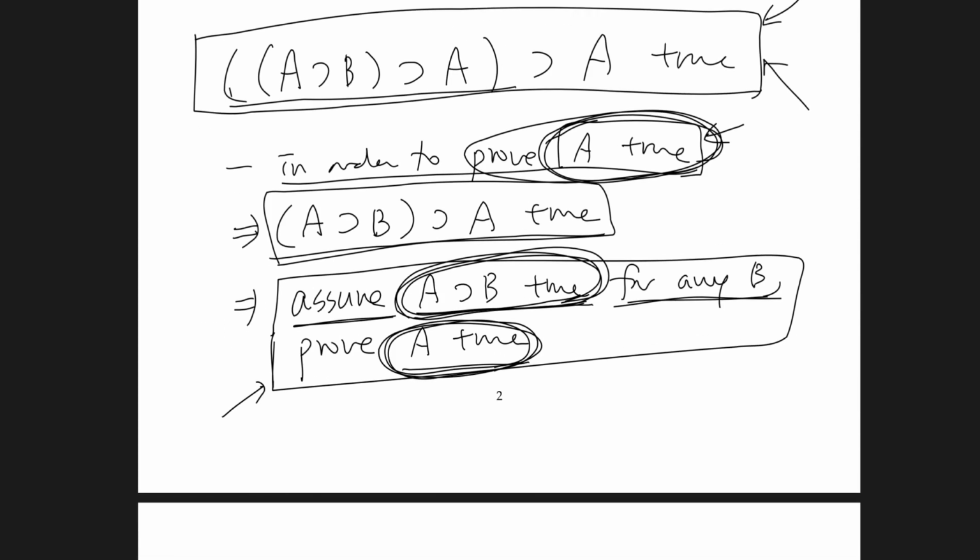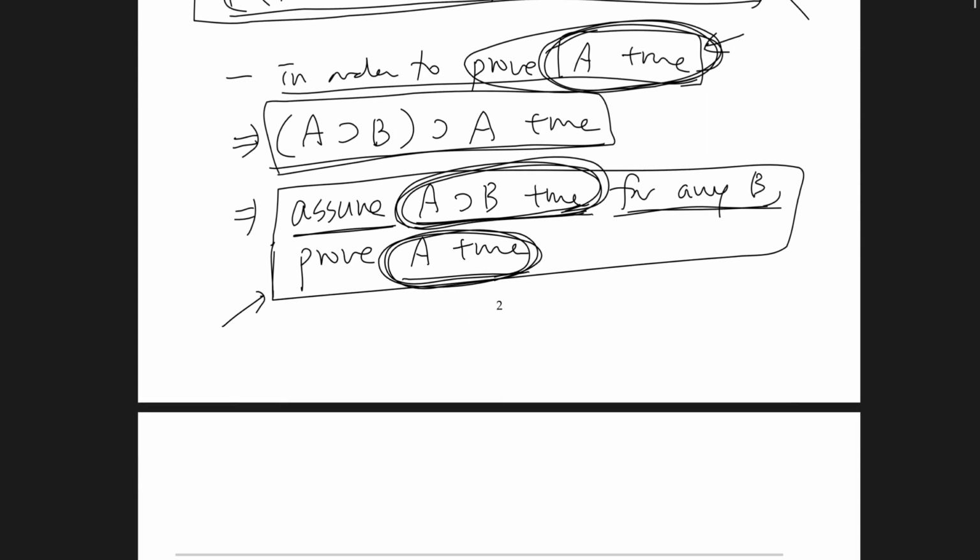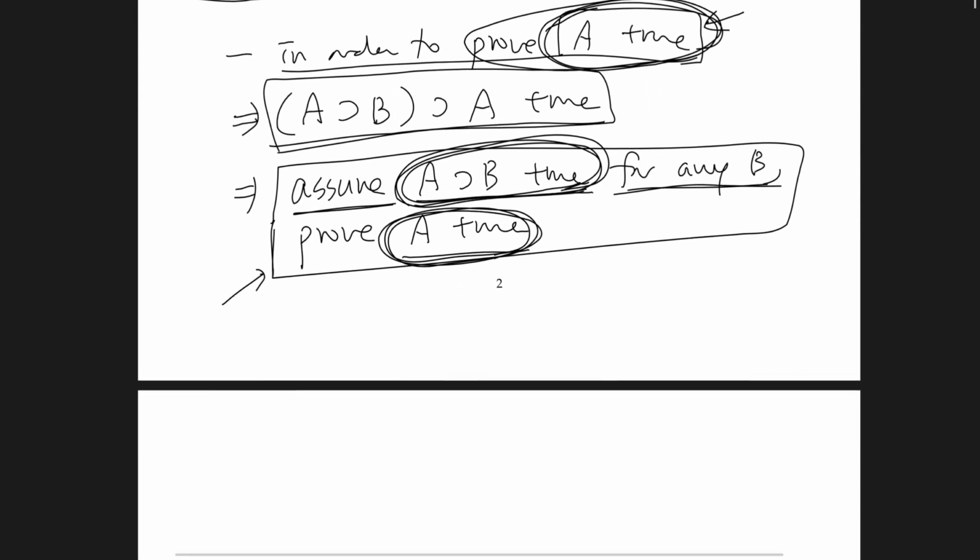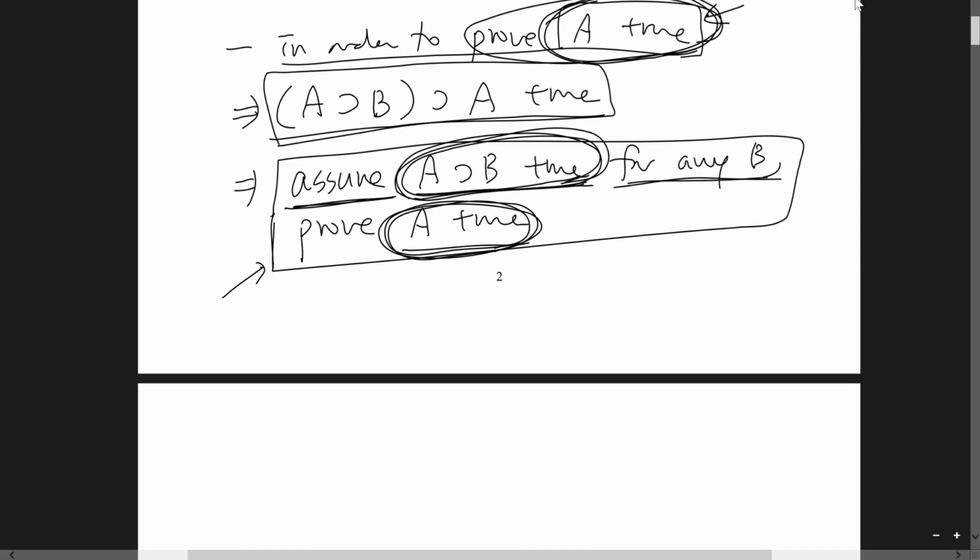Now, what does this mean? Here, we may assume A implies B is true for any proposition B. In particular, for example, we may choose B as bottom.